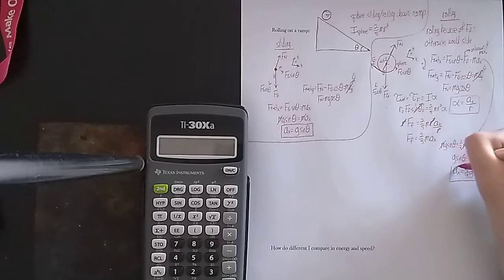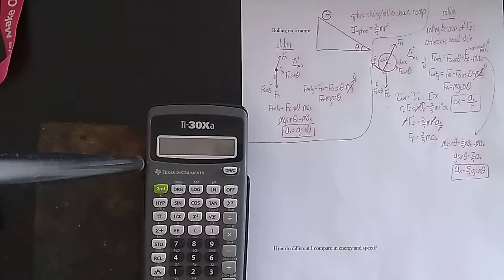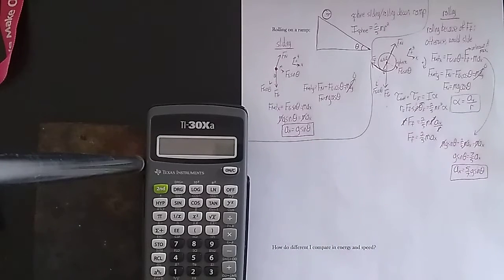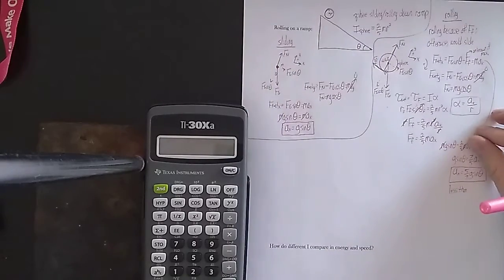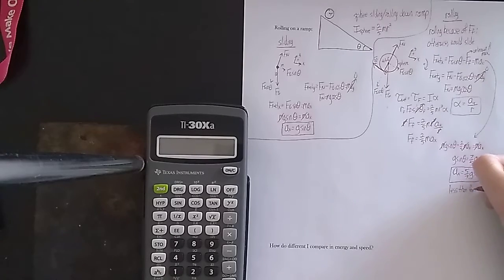Compare this to the acceleration in the case of sliding. It's less, and I think that makes sense. Less than for sliding with no friction. So the object must have a slower speed at the bottom.